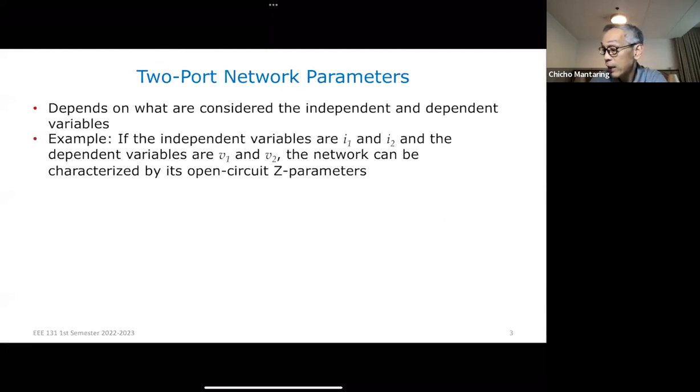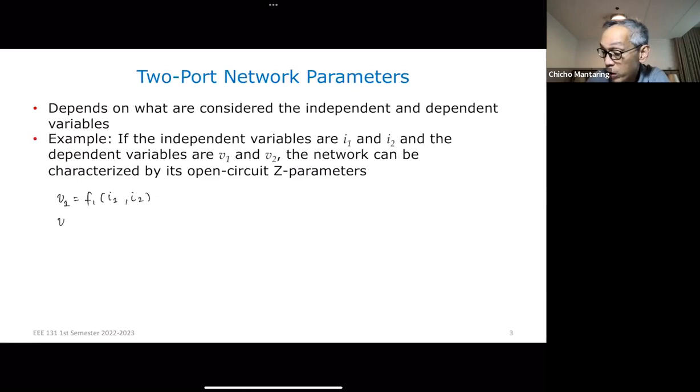If our independent are I1, I2, and the dependent are V1 and V2, that means that we can express our dependent as a function of our independent. So V1 will be a function, let's say F1, of I1 and I2.